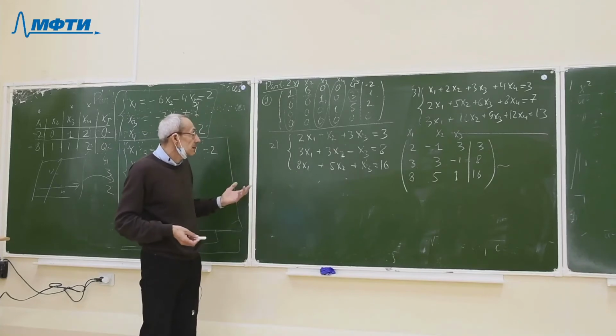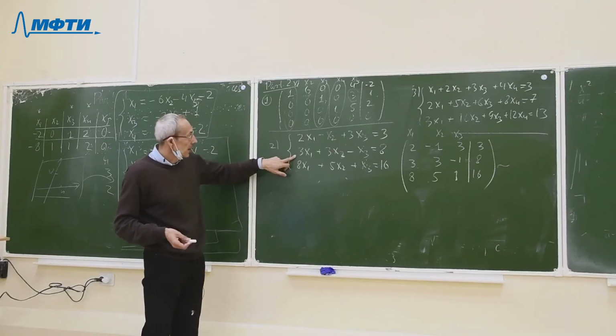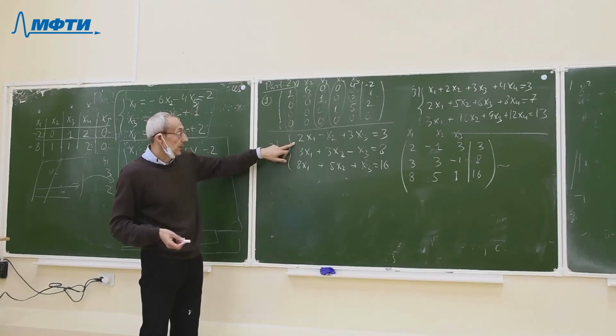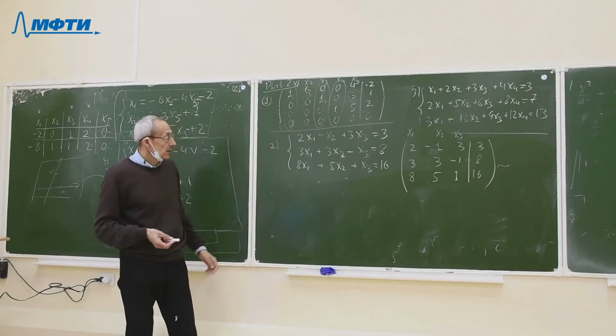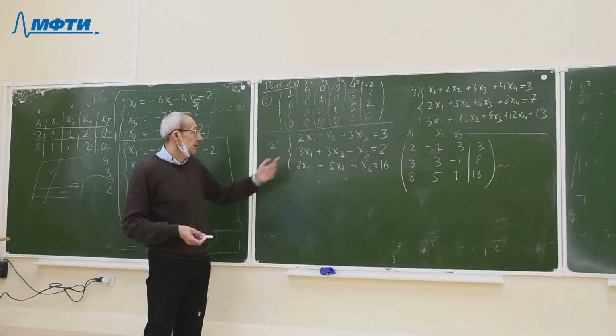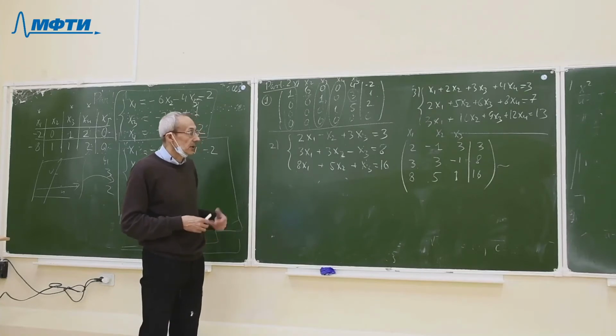In the second case, we can subtract from the second equation the first multiplied by the ratio 3 over 2, and we also obtain elimination of this variable from the second equation.